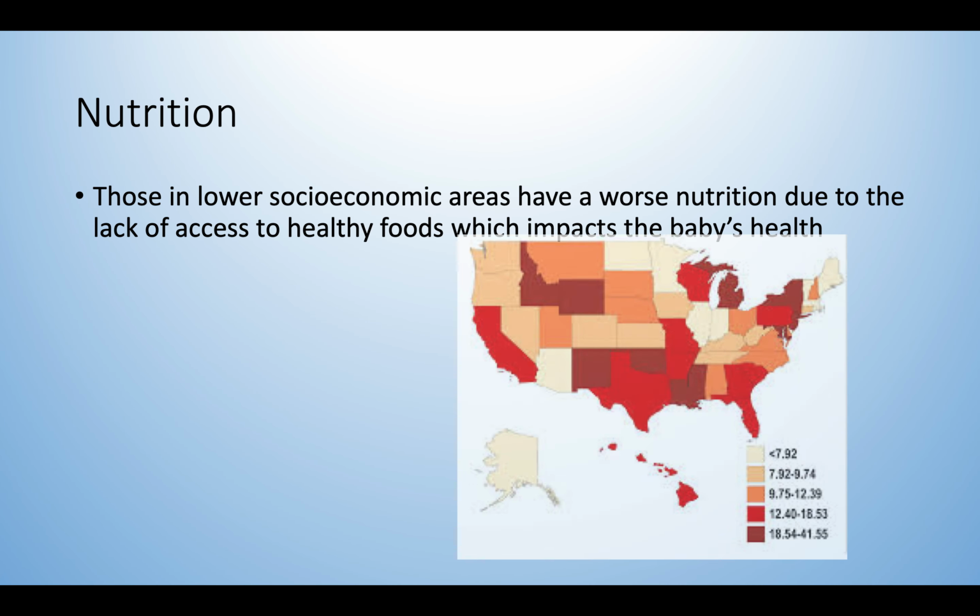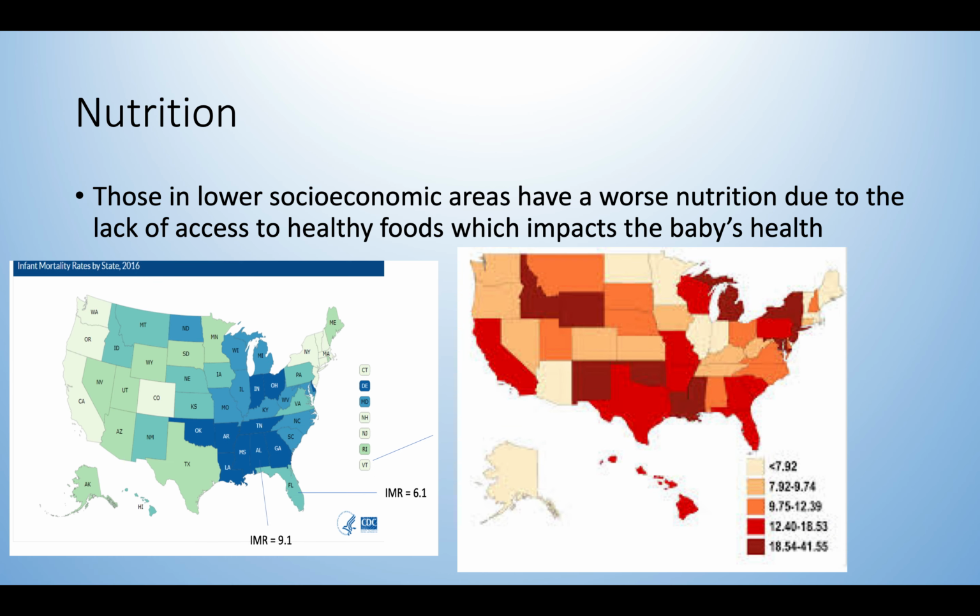The next factor is nutrition. Those in lower socioeconomic areas have worse nutrition due to the lack of access to healthy foods, which impacts the baby's health. For the United States on the right, this is showing the distance to big grocery stores.